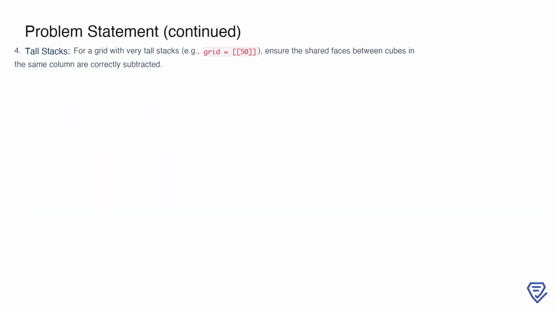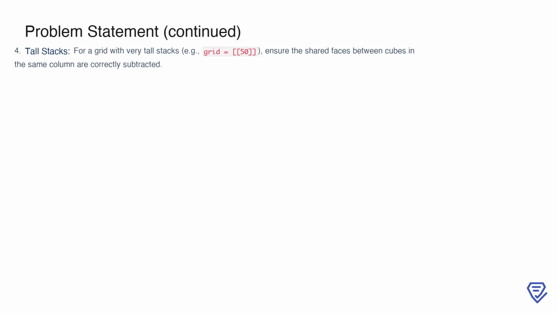The constraints of the problem ensure that the grid size and cube counts are manageable for computation. The grid is always square, with dimensions ranging from 1 by 1 to 50 by 50. Each cell contains a non-negative integer, with a maximum value of 50 cubes. It's important to handle edge cases efficiently.